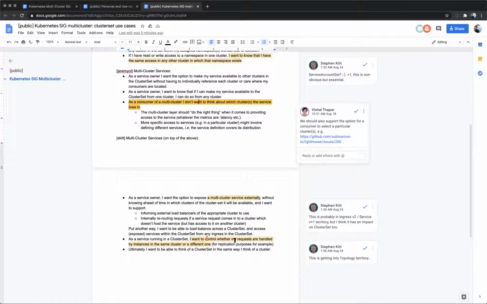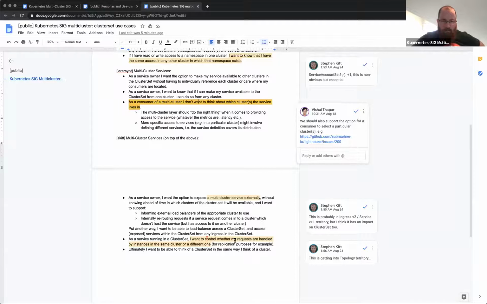The idea is that if a consumer in general really cares about where its requests are handled, then we can define a local service, or just give access to the local service, because obviously if we're exporting a service, then there's also a local service. Right. So yeah, that could be the answer there.